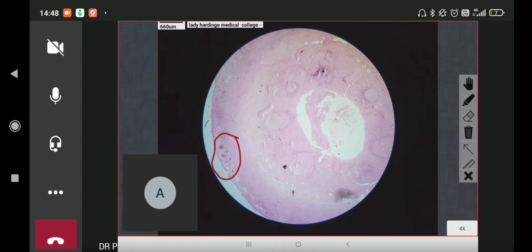Can you please use the pointer? Yes, ma'am. Sorry, what? Ma'am, your cursor isn't moving. I can't make out. Ma'am, we can't see the cursor. We can see the cross marks and all, but we can't see the cursor. There is no cursor in this.